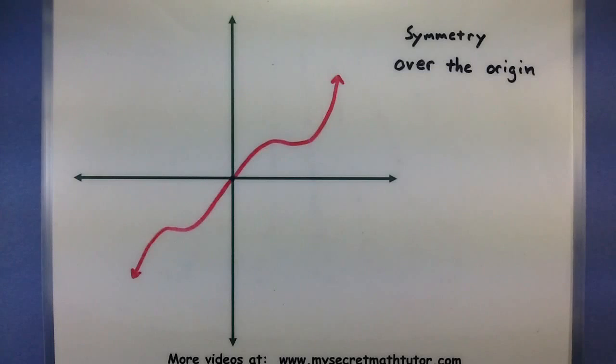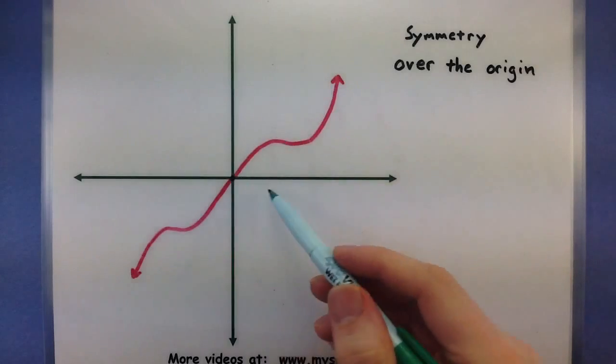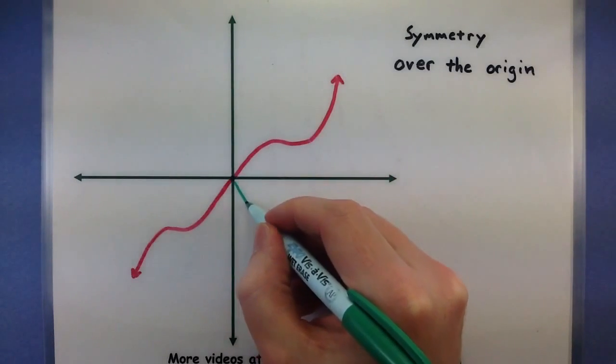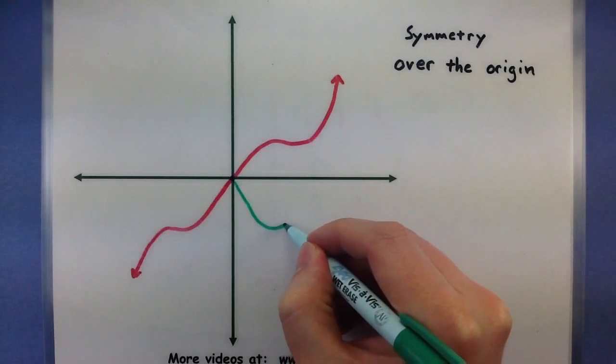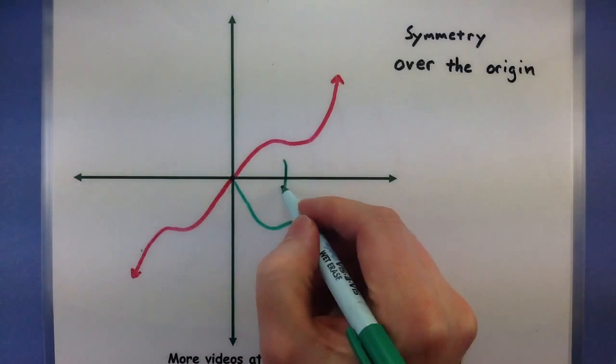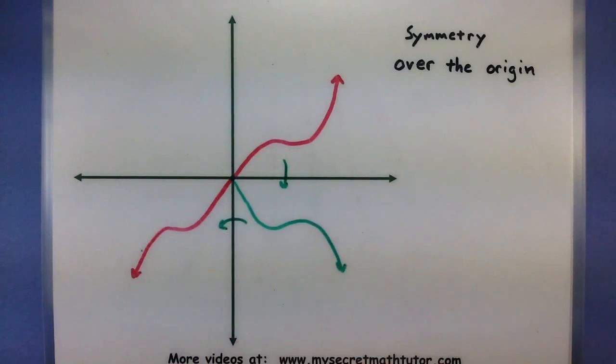To visualize this type of symmetry, what I like to do is actually visualize flipping it twice. Imagine taking a portion of the graph and maybe flipping it once over the x-axis. And then take that portion and flip it one more time over the y-axis. So flip it once, flip it twice.